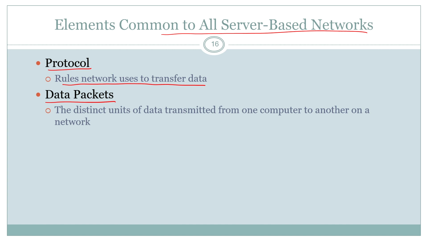How the data is transferred from one node to another in the network is determined by the protocol that the network follows, and that is called a protocol. Then the second one is data packets. So, what is a data packet? The distinct units of data transmitted from one computer to another on a network. So, when two computers are connected on a network, the distinct units of data transferred between them are what we call data packets.